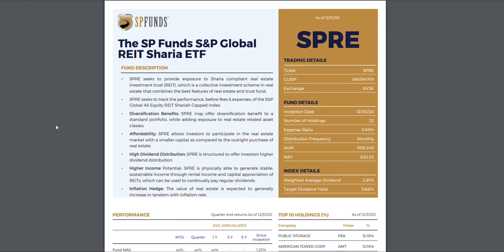So in here it says SPRE seeks to provide exposure to a Sharia-compliant real estate investment trust, which is a collective investment scheme in real estate that combines the best features of real estate and trust funds. Okay, they offer diversification, affordability, and high dividend distribution, which REITs are very well known for.